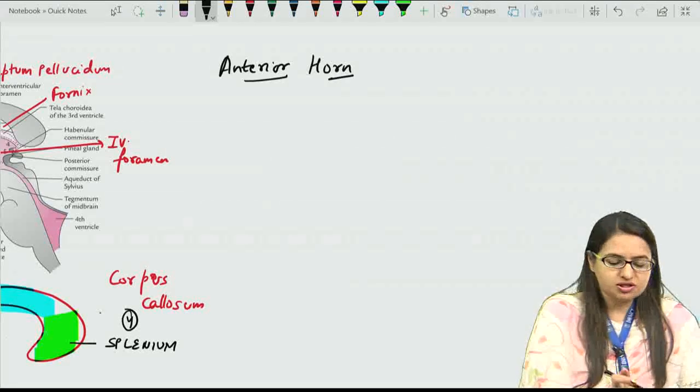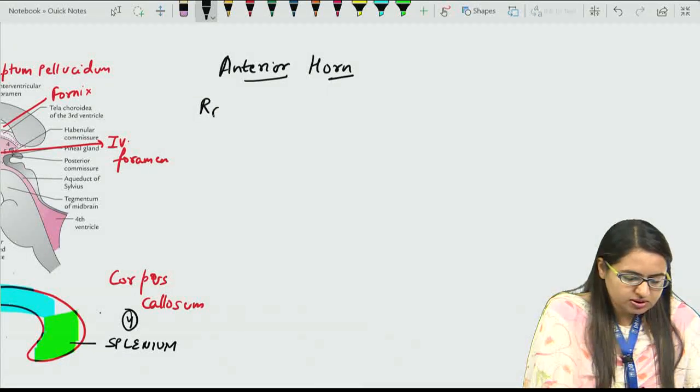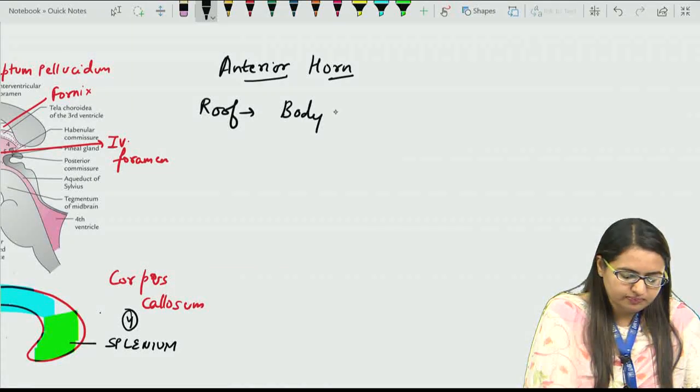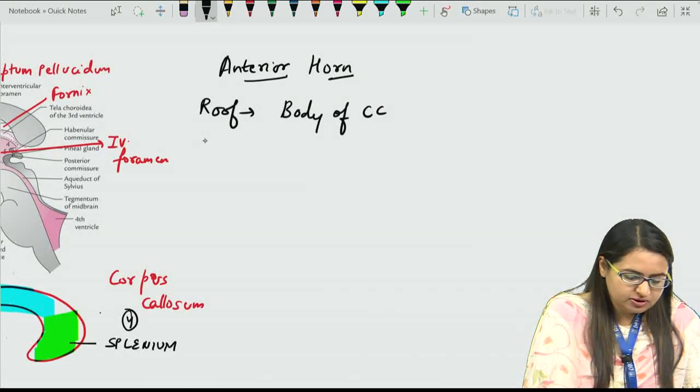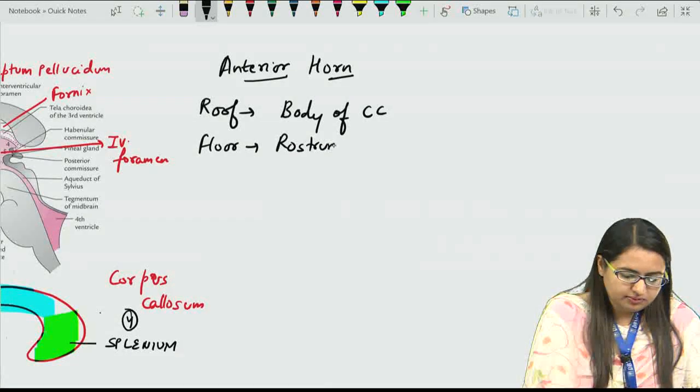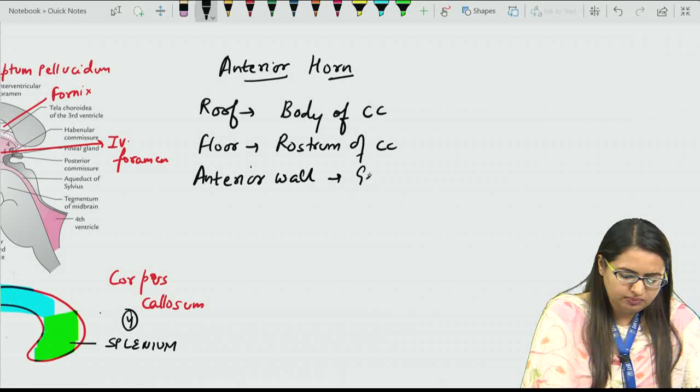if we see the various structures forming the boundaries, towards the roof we have body of corpus callosum, and towards the floor rostrum is there. Towards the anterior side, or we say anterior wall, is contributed by the genu of corpus callosum.